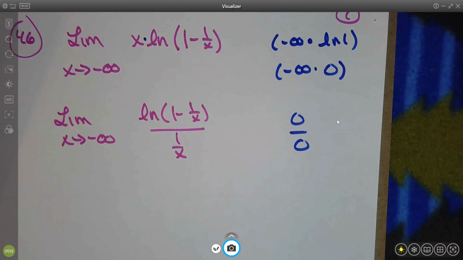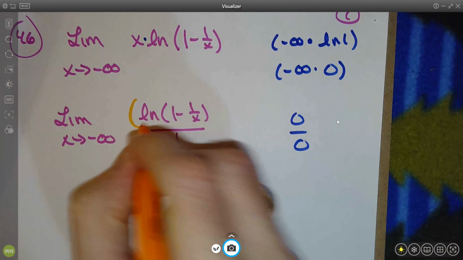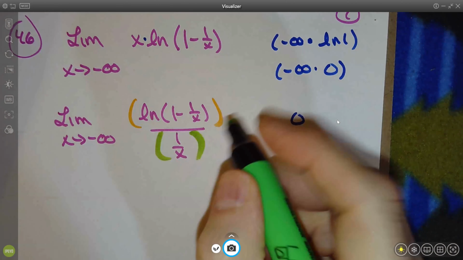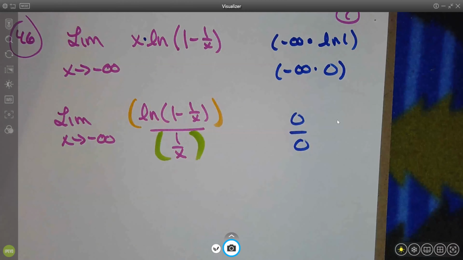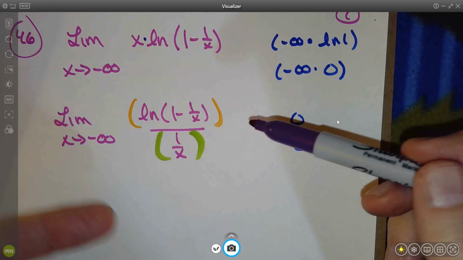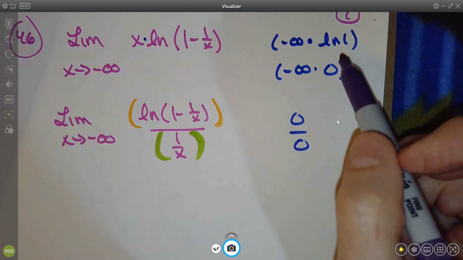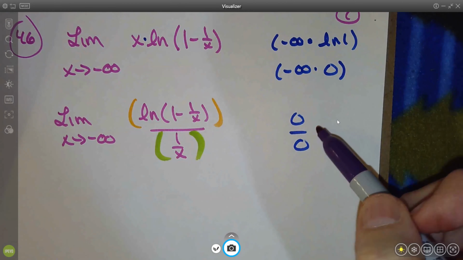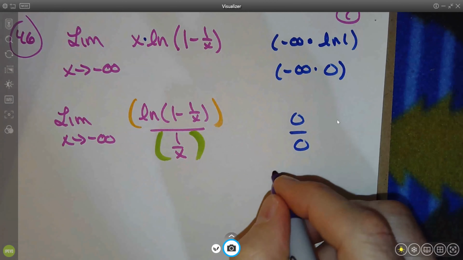I just have to be careful that I differentiate the numerator here and the denominator here. That's my numerator and denominator for this reworked version of problem 46. So are we okay with my little trickery here? This tells me I can use L'Hopital's rule.